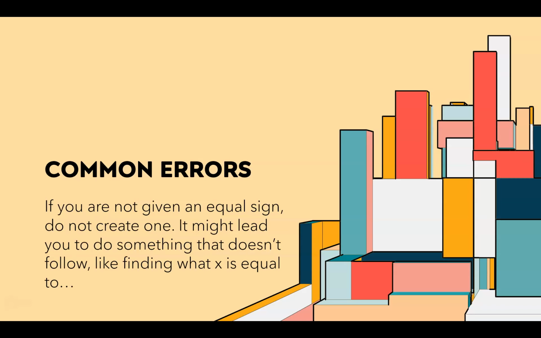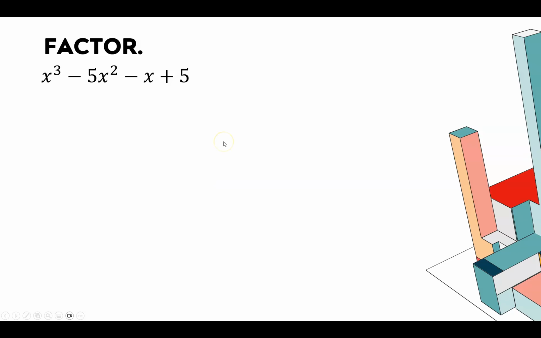Okay, just a common error to watch out for. A lot of my students think they read instructions, and they might, but most of these are not going to have an equal sign. In fact, if you're not given an equal sign, don't create one. Conversely, if you are given an equal sign, don't destroy it. If you create an equal sign, especially on something like factoring, you're going to end up with the wrong result.